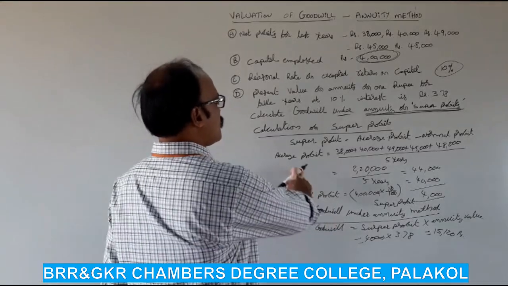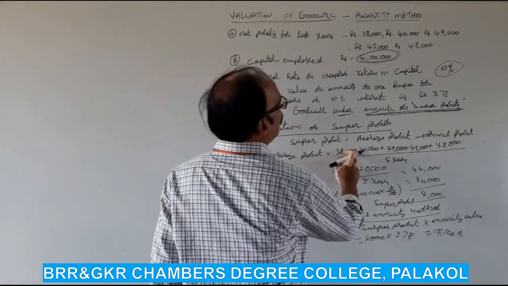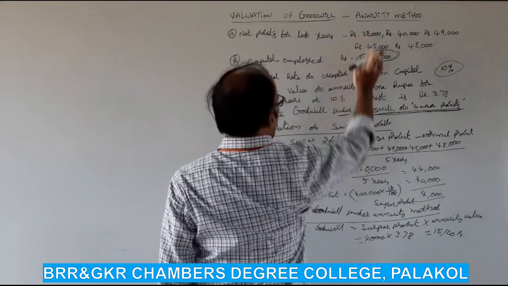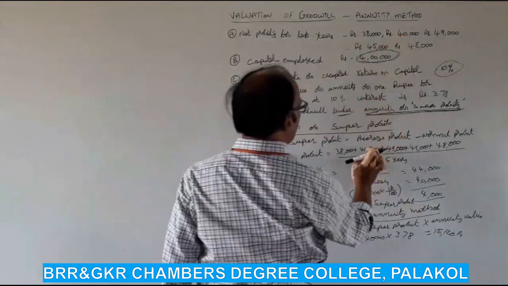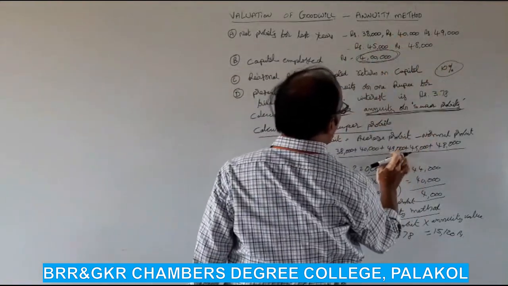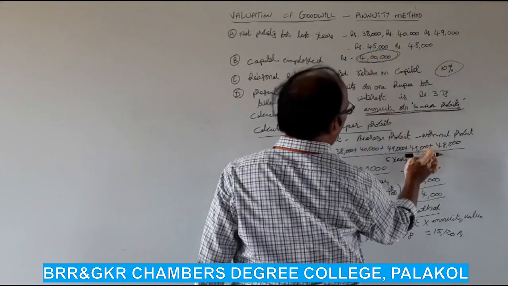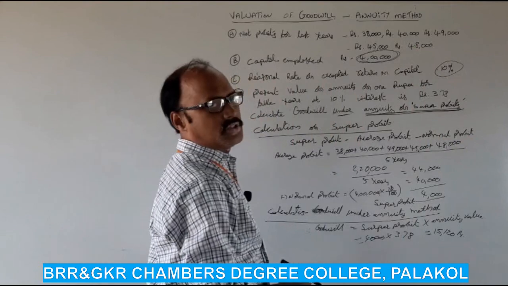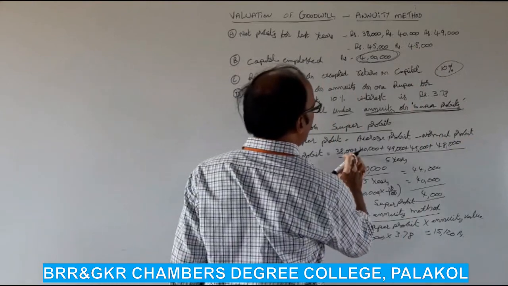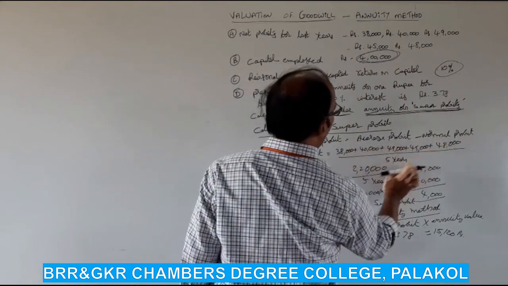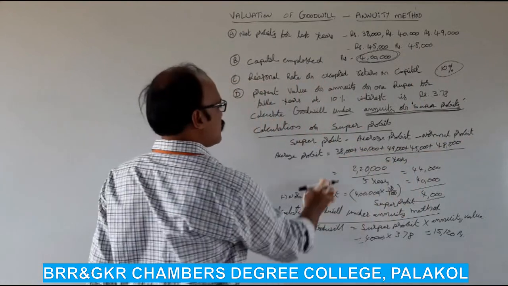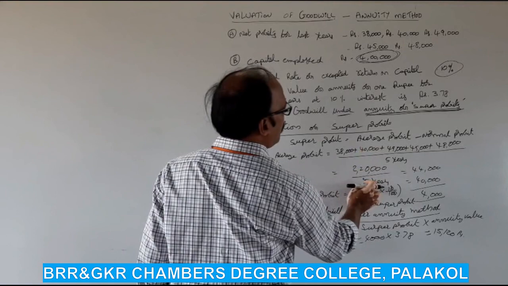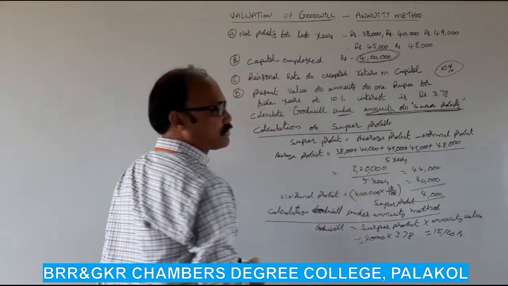Average profit is equal to total of profits in 5 years: 38,000, 40,000, third year profit 49,000, fourth year profit 45,000, fifth year profit 48,000, divided by number of years 1, 2, 3, 4, 5 years, that is equal to 2,20,000 divided by 5 years, 44,000.